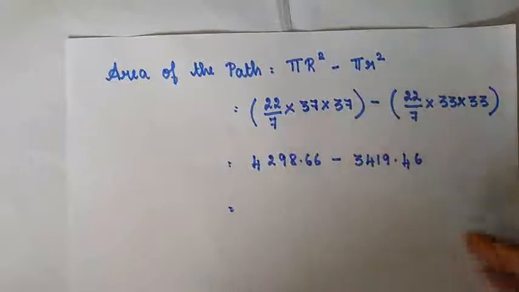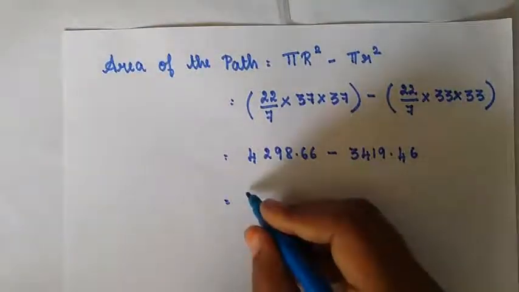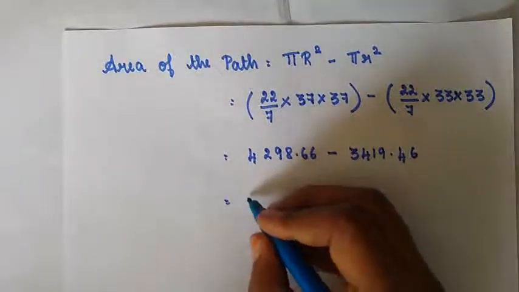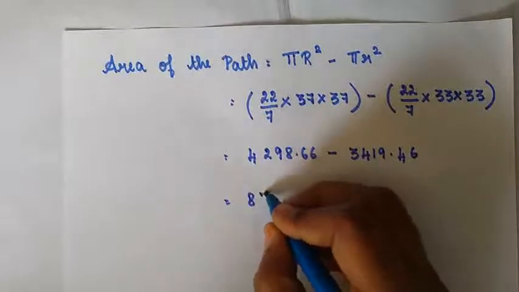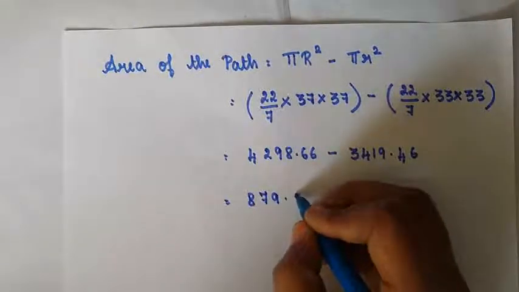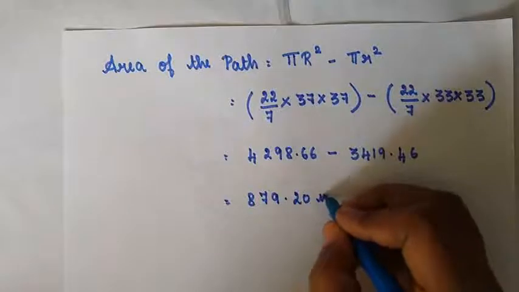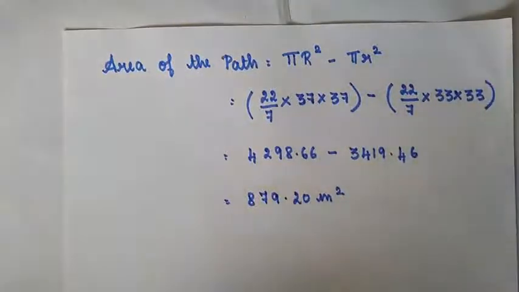Then we have to subtract these two numbers. 879.20 meter square. This is the answer. Area of the pot is 879.20 meter square. Okay, thank you students.